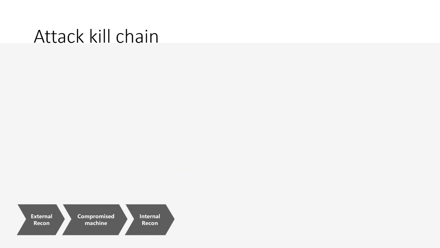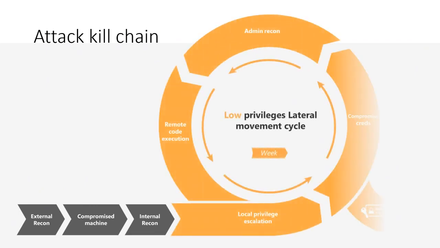So first of all, attackers collect some information about the company. It's called external recon or reconnaissance. And then they compromise the first machine, and then they start to do internal reconnaissance, escalate their privileges, and they try to find admin credentials on this workstation or on some other workstations.